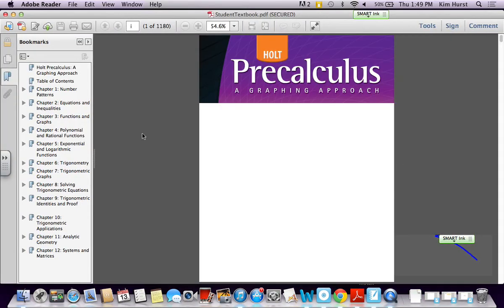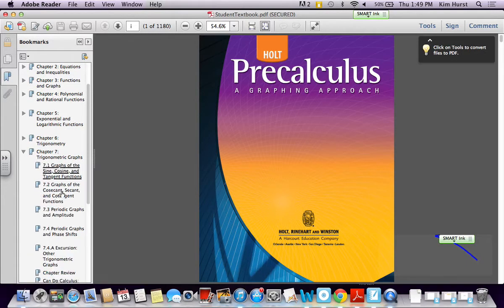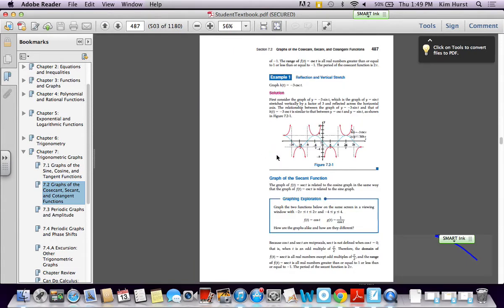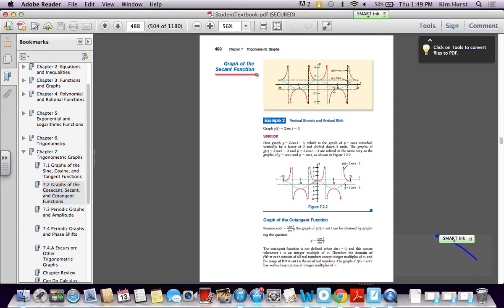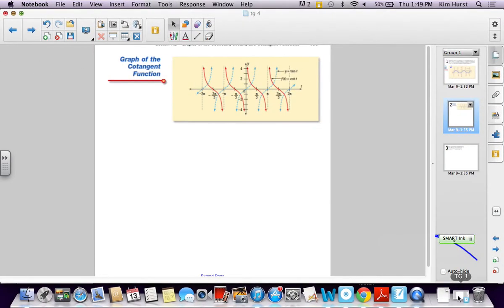What's really nice, just so that you know, all of these graphs can be found in your book. Chapter 7, Section 2. There's the cosecant. And I missed the secant function. All right, so let's go ahead and put this in here so we can look at it bigger.